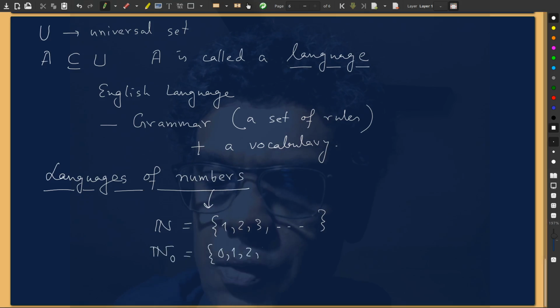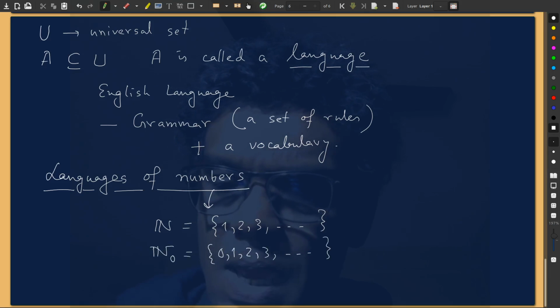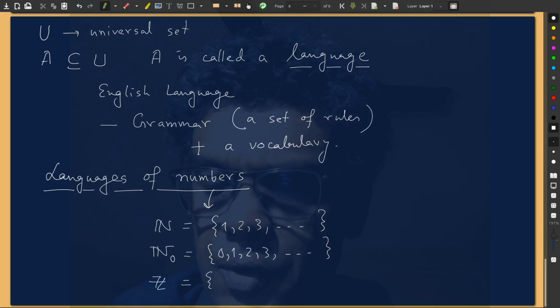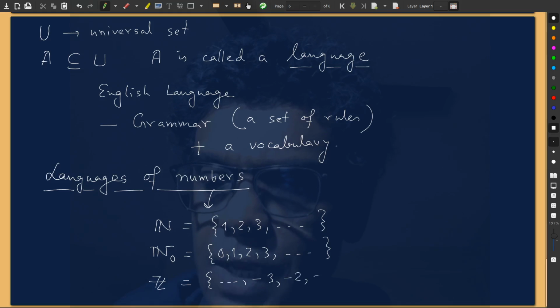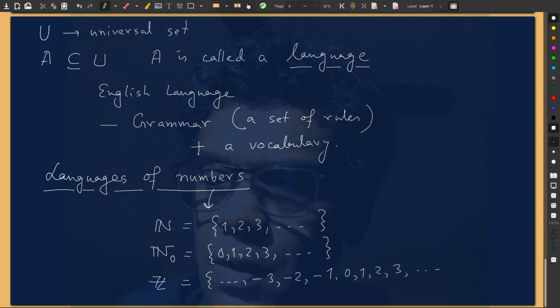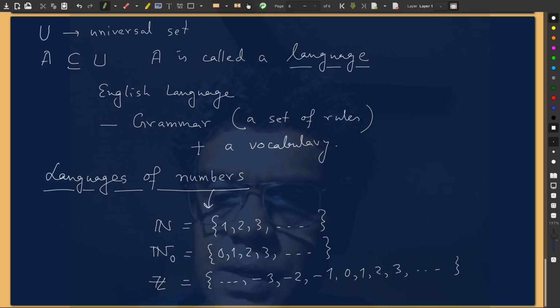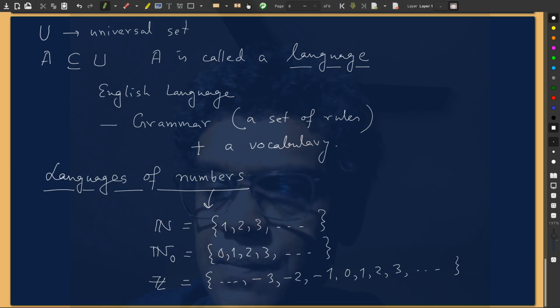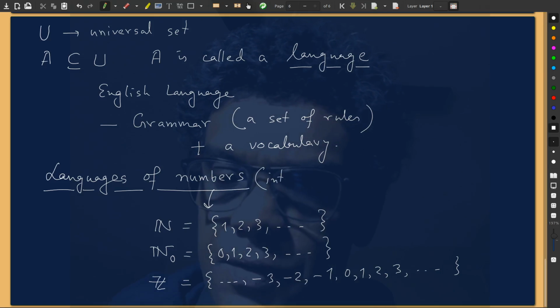So it's 0, 1, 2, 3. And we may also include negative integers also, like this. For the moment, number will indicate either a positive integer, a non-negative integer, or something like all integers. Okay, so these are basically languages of integers.